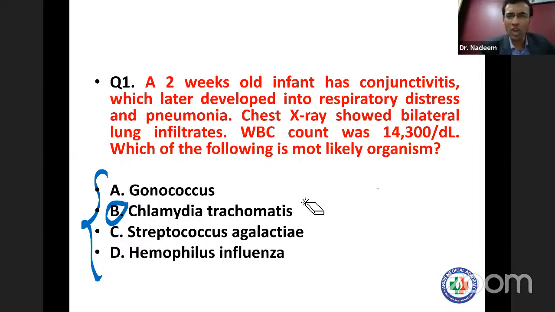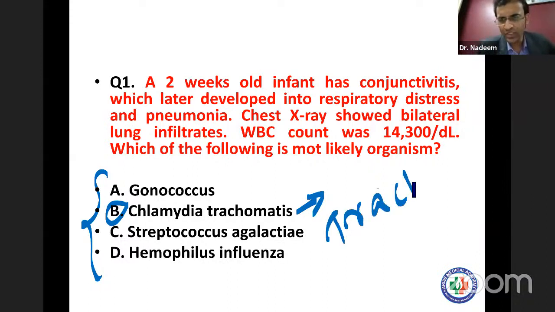Fine. So chlamydia trachomatis is a very, very important bacteria. This is the bacteria which can cause trachoma. So I can say that this is the most common agent for infectious blindness.